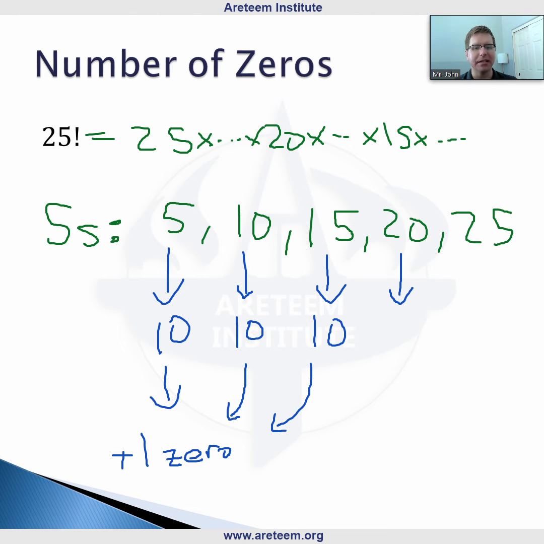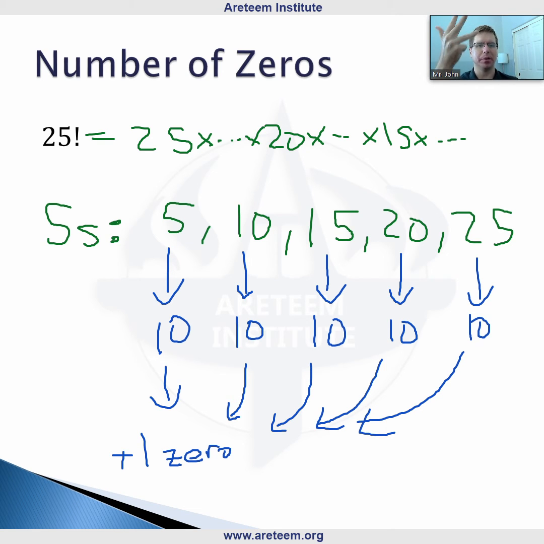20 itself has a 10 in it already. Now 25 will give us a 10 as well. And so now we might say, okay, we have plus 1, plus 1, plus 1, plus 1, plus 1. We have 5 zeros. But we need to be a little bit careful here. Because what is the number 25? The number 25 is actually 5 squared.